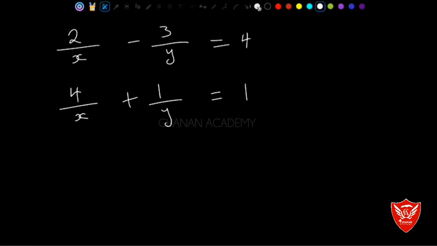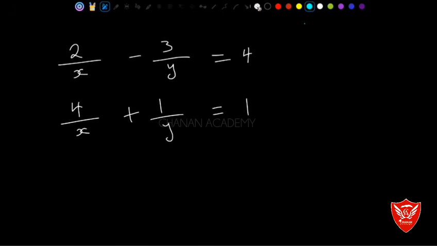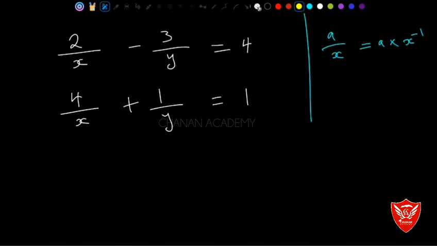If you've watched our previous video, we said from one of the indices laws, if we have a over x, it is equal to a multiplied by x raised to the power of negative 1. This knowledge will be used a bit in this simultaneous equation question. Okay, so now let's take this as the first equation and this as the second equation.